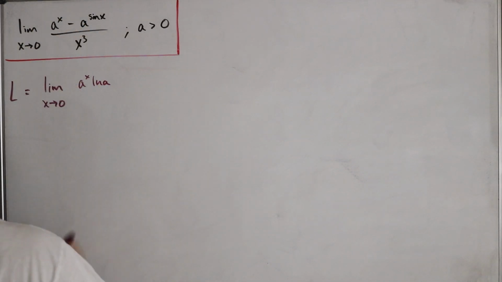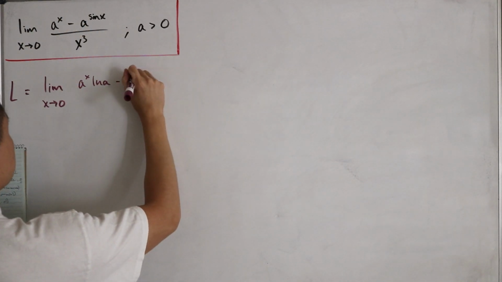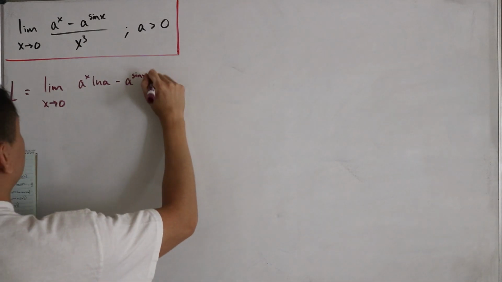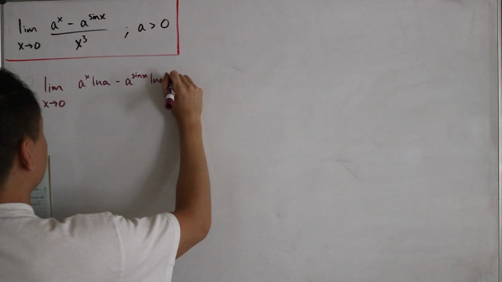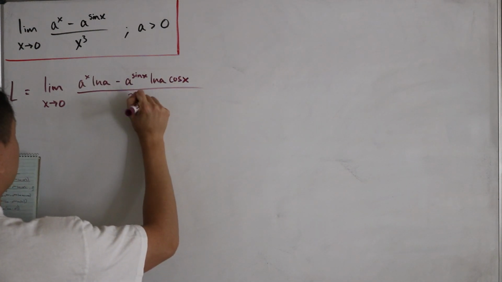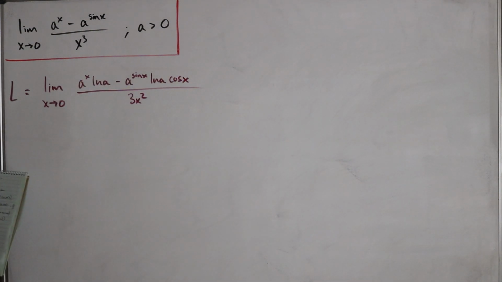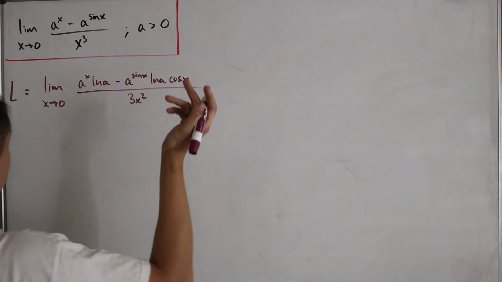And then we have a to the power sine of x, which is going to be a to the sine of x times ln of a, and then don't forget to take the derivative of the exponent, so times cosine of x, all divided by 3x squared.